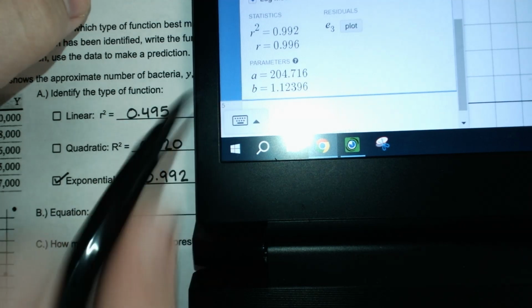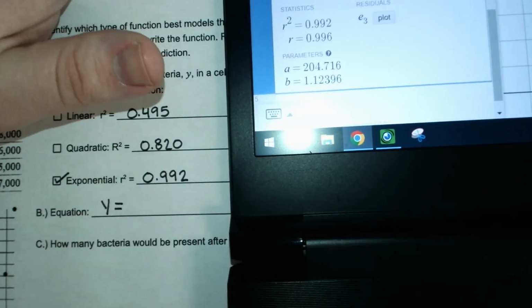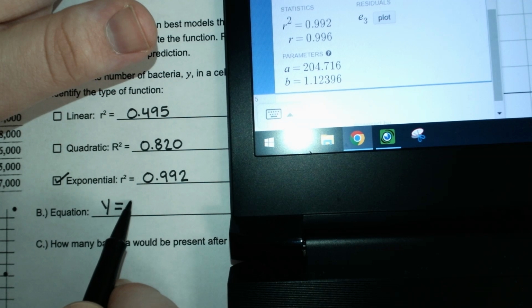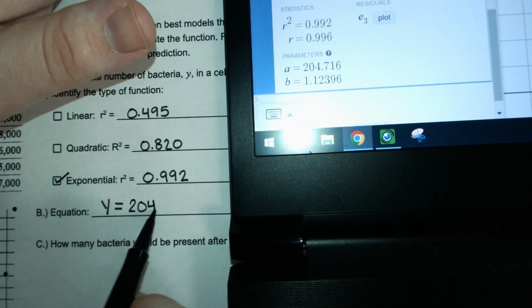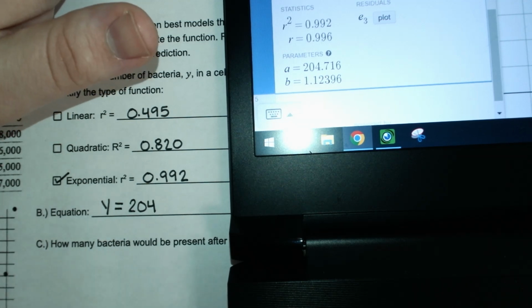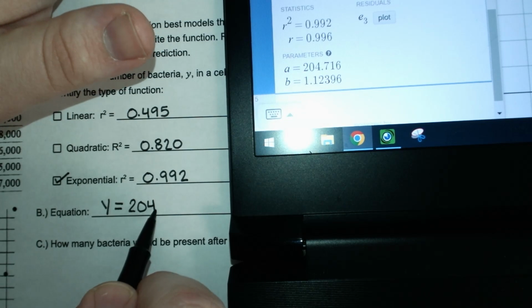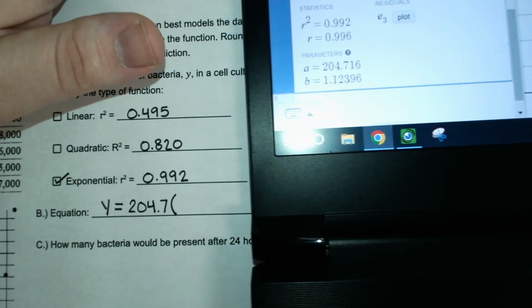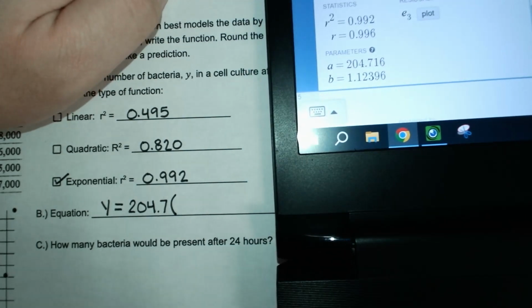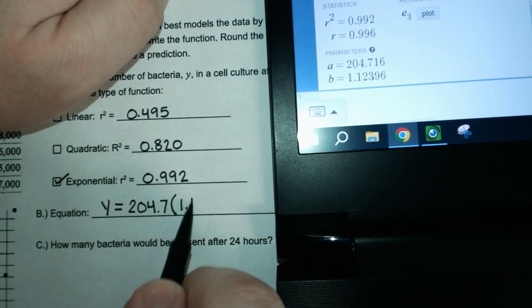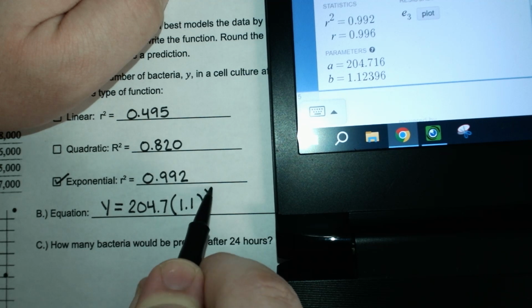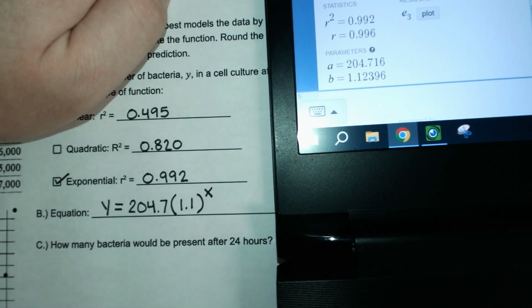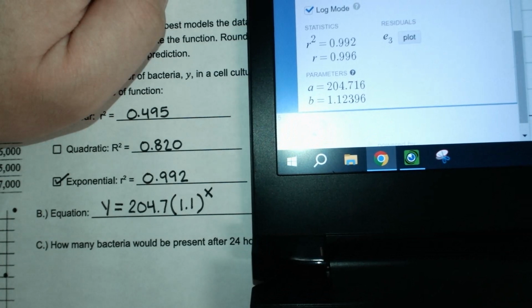A, I'm going to round off to 204.7. You don't actually write the squiggly down. You only ever type it into the calculator. So 204.7, parentheses, B we're just going to say is 1.1, to the x power.